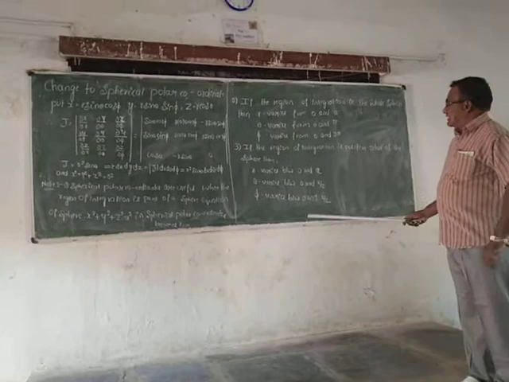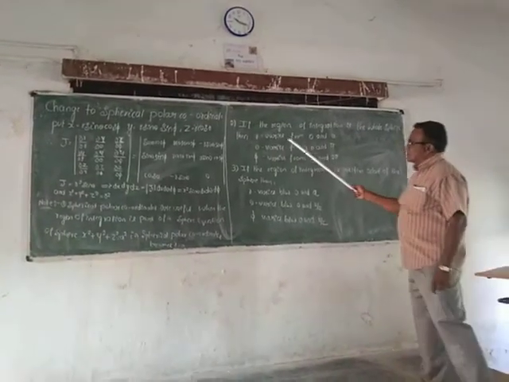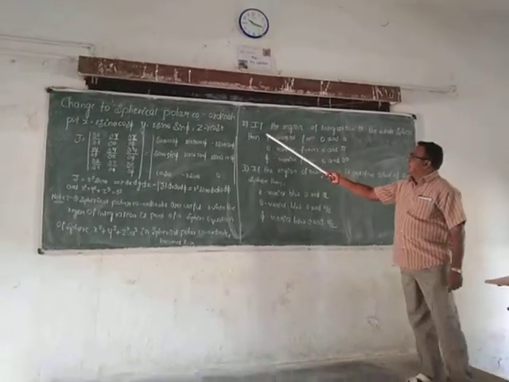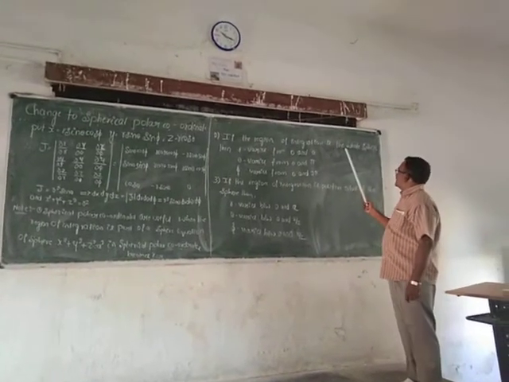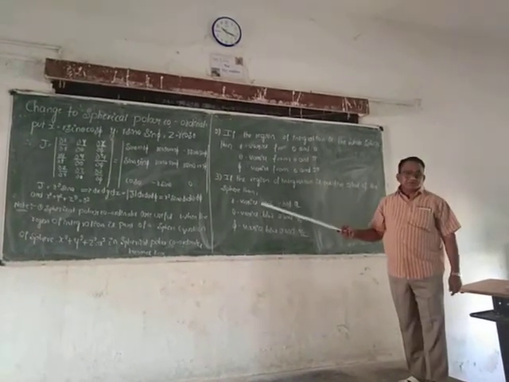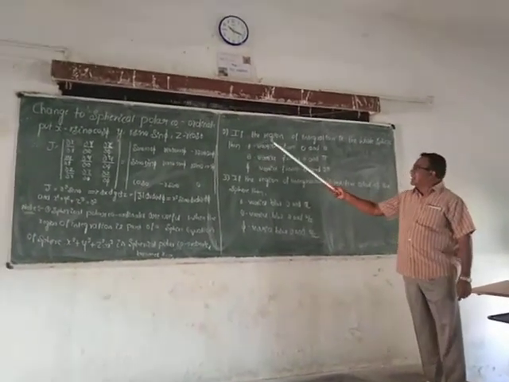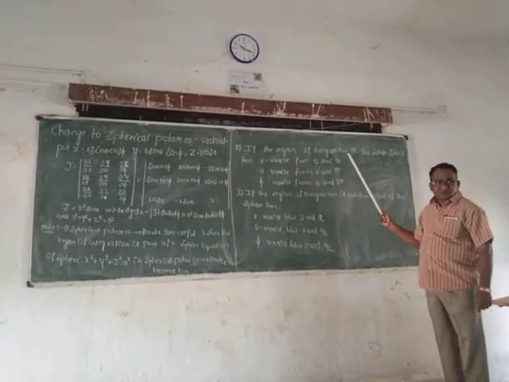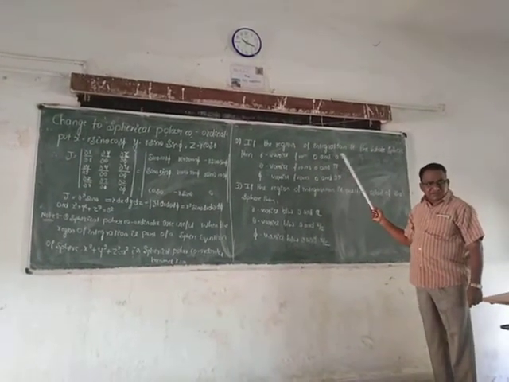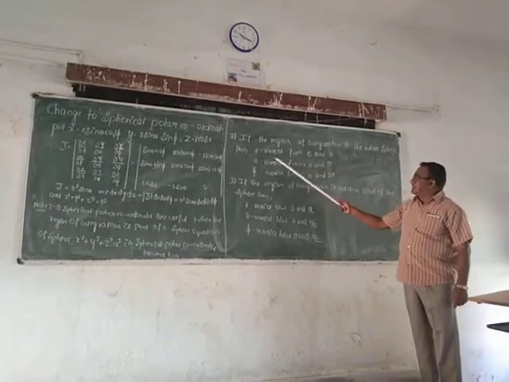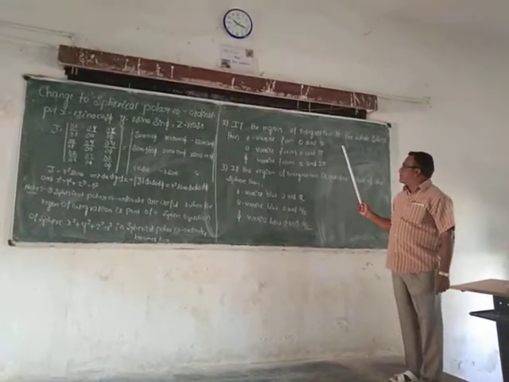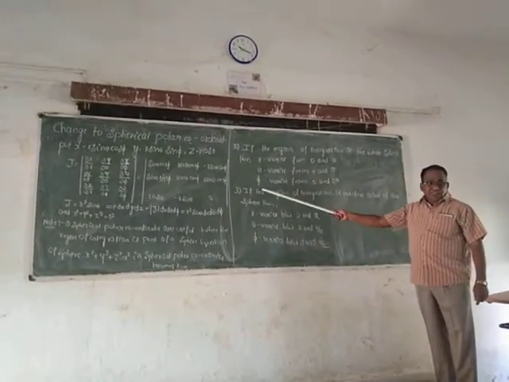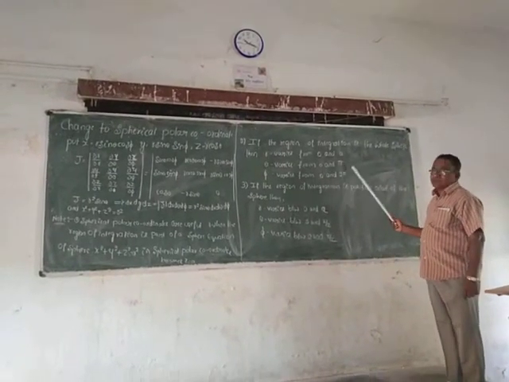Okay. And with this, you must note one more point here. If the region of integration is the whole sphere, then radius r varies from 0 to a, theta varies from 0 to pi, and phi varies from 0 to 2 pi.